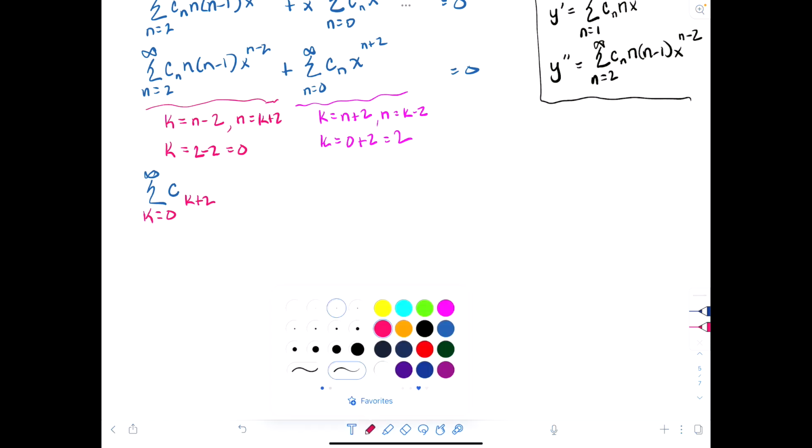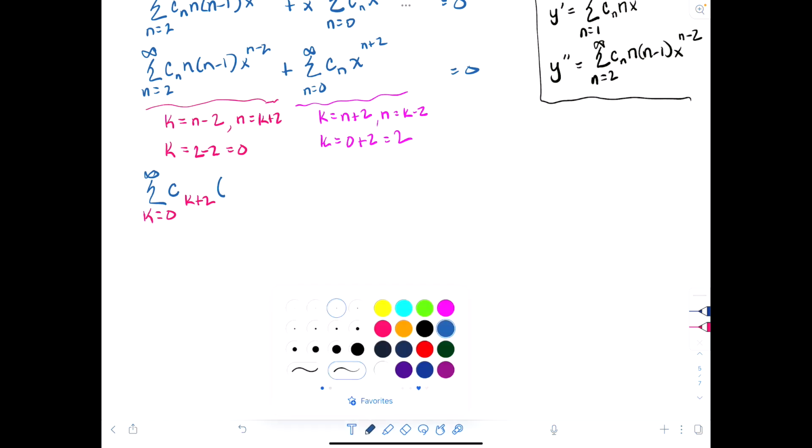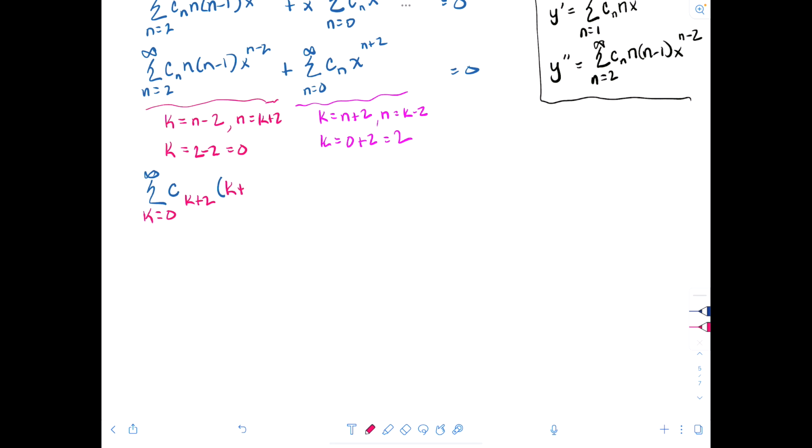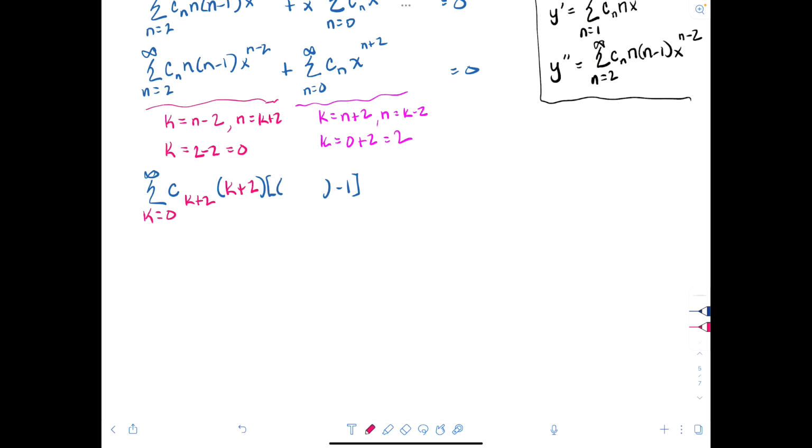And then we will have times k plus 2, and then we're going to have a k plus 2 minus a 1. That's for that first summation.